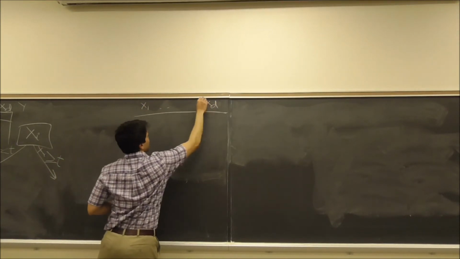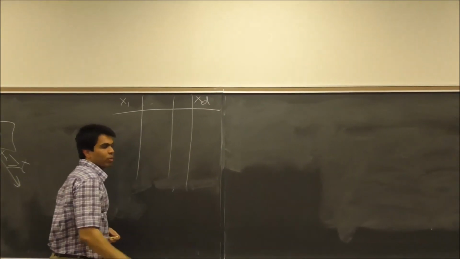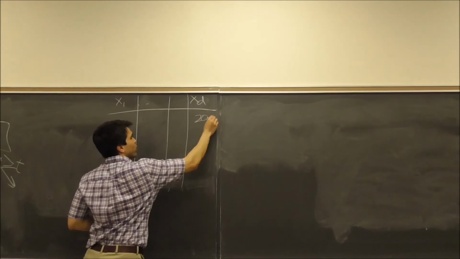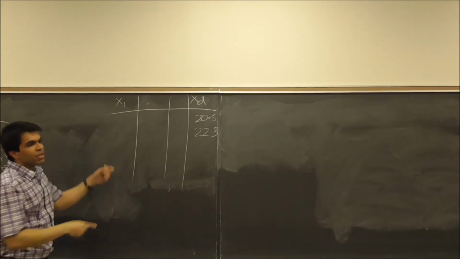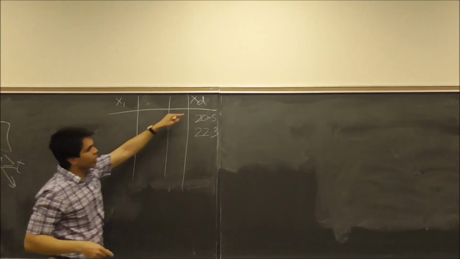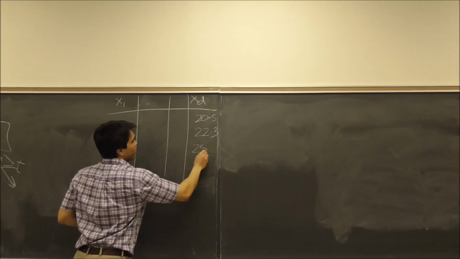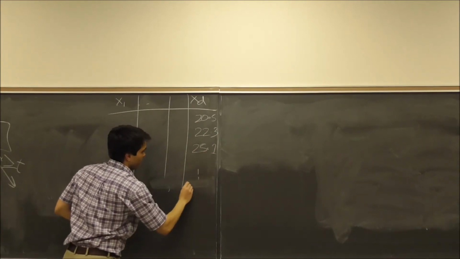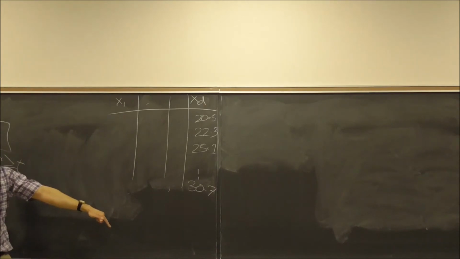Here's the data matrix again. Let's say this is the continuous variable, and it has some values, 20.5, 22.3, and so on. Let's say I've sorted my data set so that these are always increasing: 20.5, 22.3, 25.1, and so on, all the way to 30.7. I've sorted the data set.